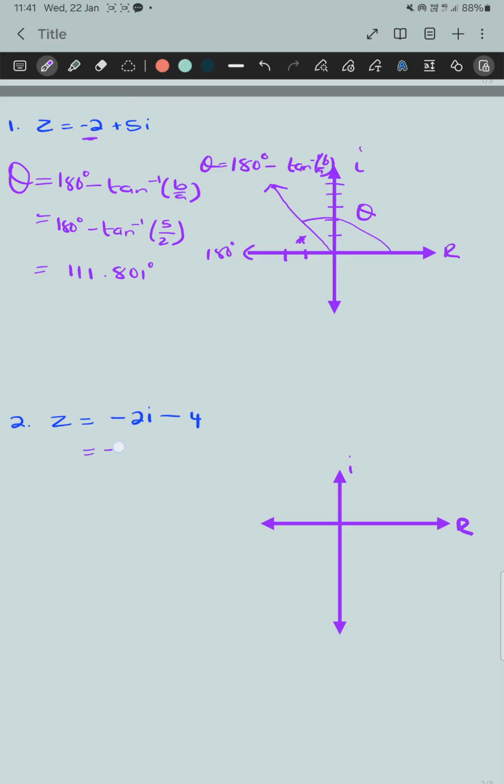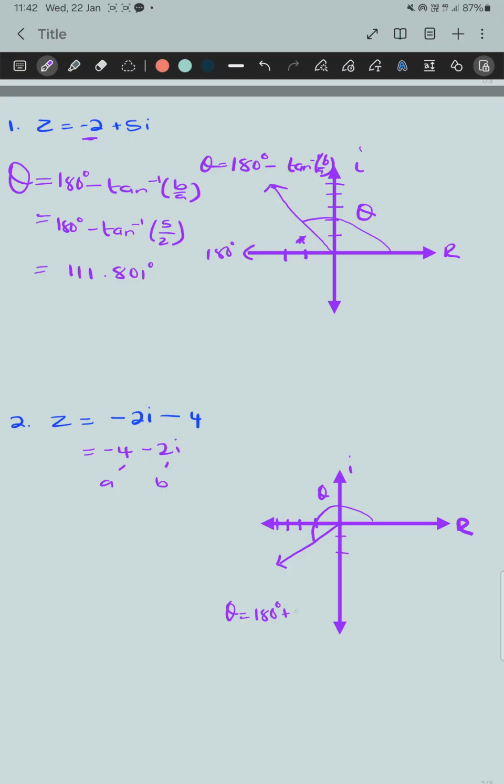So I'm going to have minus 4 minus 2i. Then I can see this is my A and this is my B. If I am to draw it on an Argand diagram, it's going to be minus 4 to the left, minus 2 down. So there it is, in quadrant number 3.